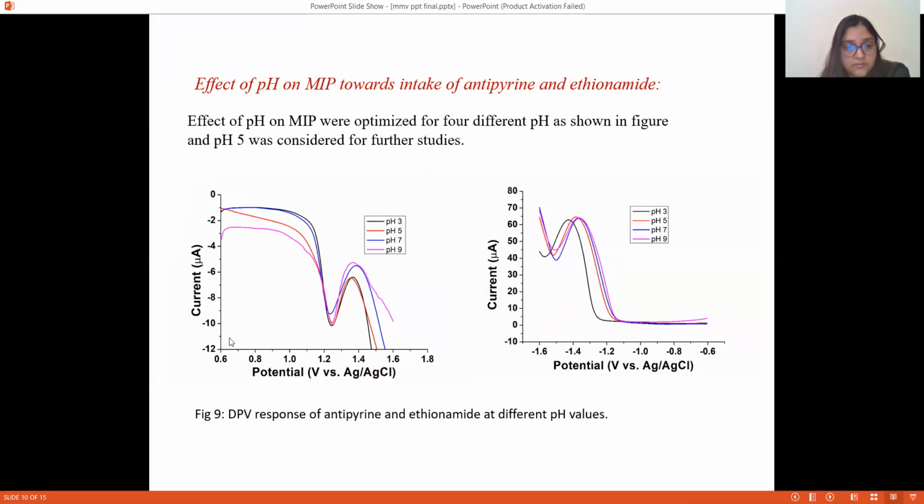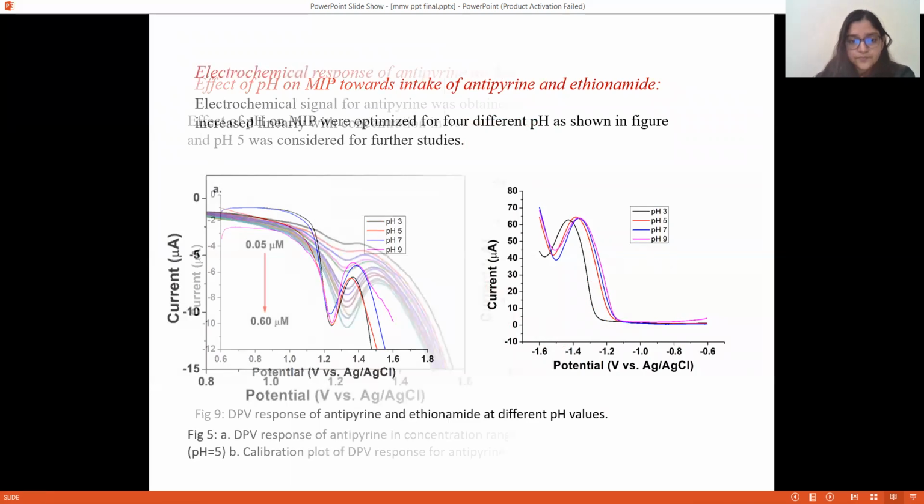This is the DPV response for antipyrine, and this is the DPV response for ethenamide at pH 3, 5, 7 and 9, as can be seen in the figure. For pH 5 it shows a much higher signal, therefore it was selected for further studies.